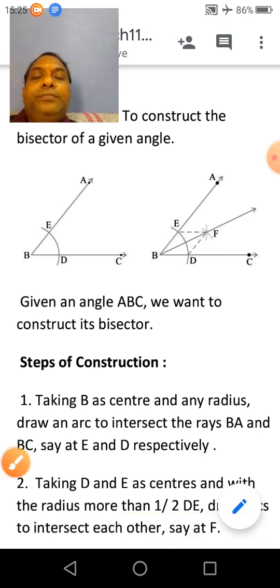Now, taking D and E as center, the radius more than half of DE.